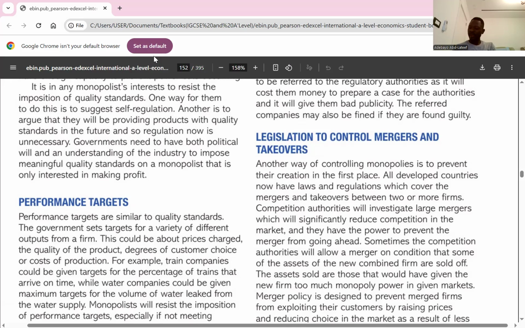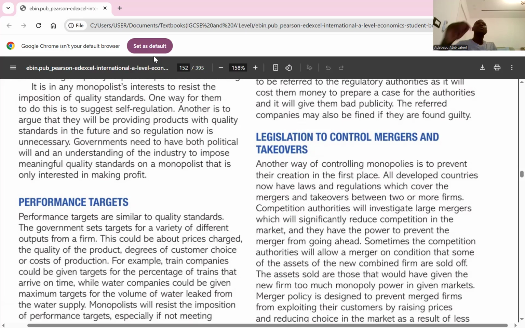So yeah, I wrote, this might be done through merger policy, which is used to prevent merged firms from exploiting their customers by raising prices and reducing choices in the markets. So when a merger occurs, choices reduce for customers. And when choices reduce for customers, it simply means that customers have to pay higher prices because of less choice. So what will government do?